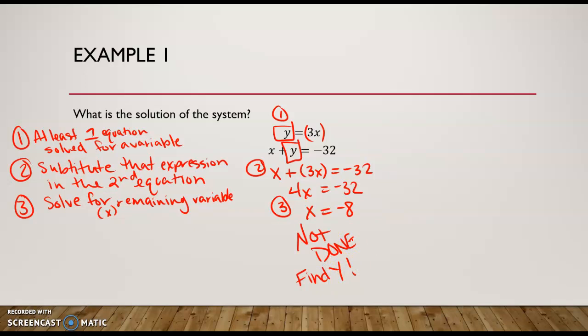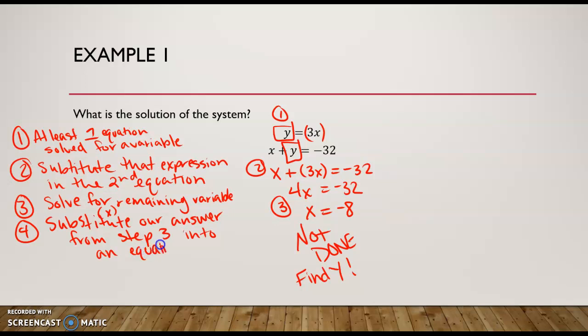Well, step 4 is to substitute our answer from step 3 into an equation and solve. You want an original equation, because if you changed something but you didn't do that right, this is what's going to show you that you didn't do it right.